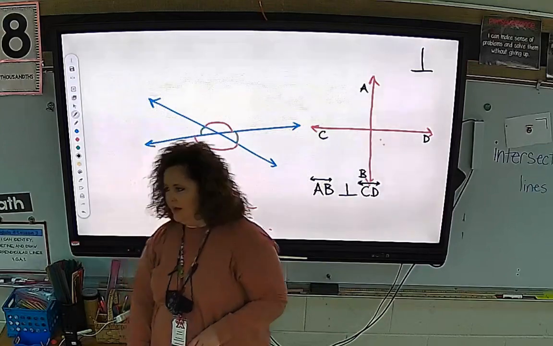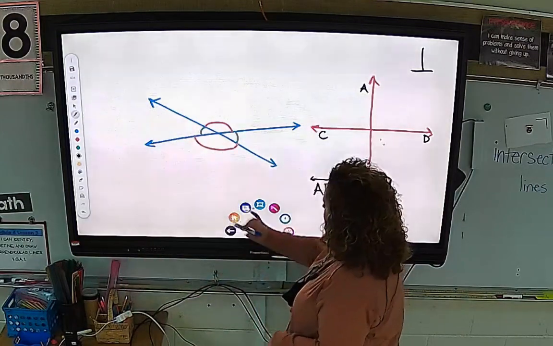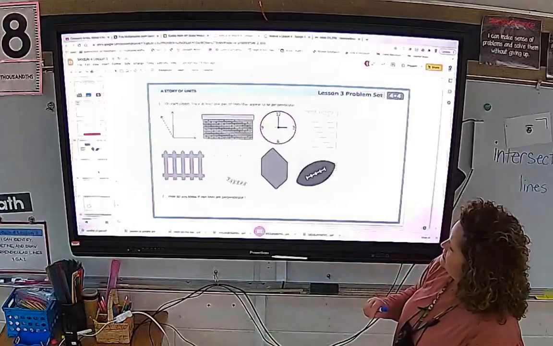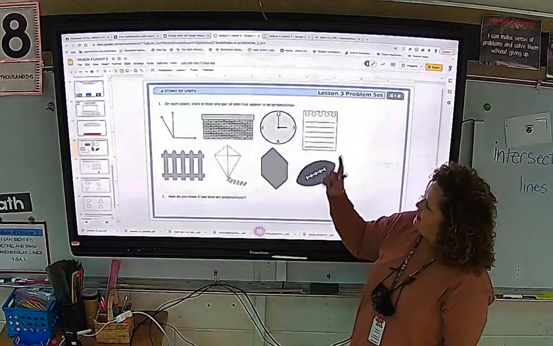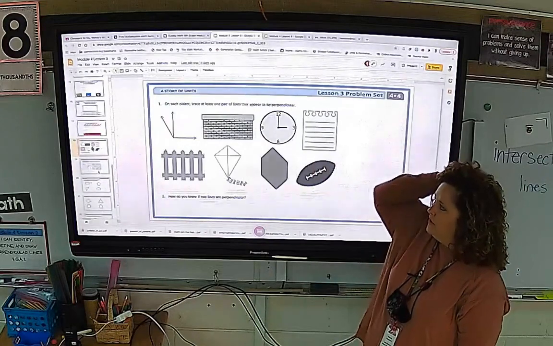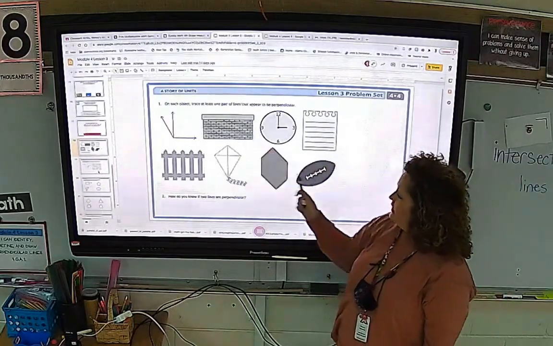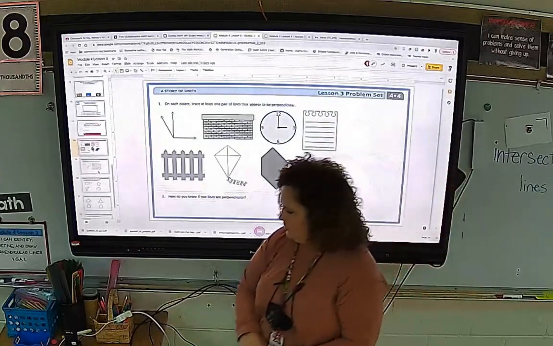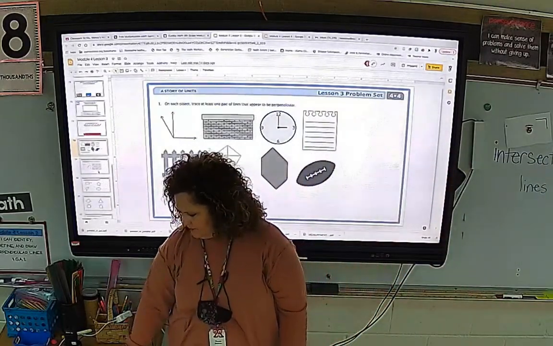In a little while you will see on your problem set things like this where they ask you to trace some perpendicular lines that you see in regular everyday things. Some of this we might wind up talking about and doing together.